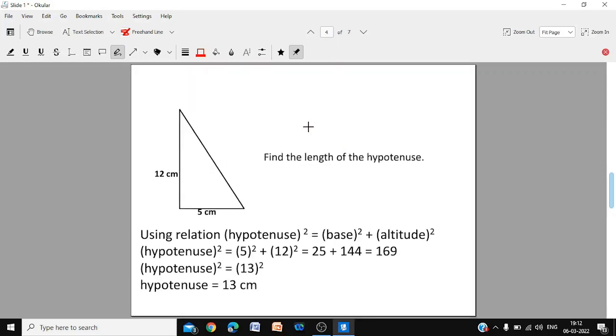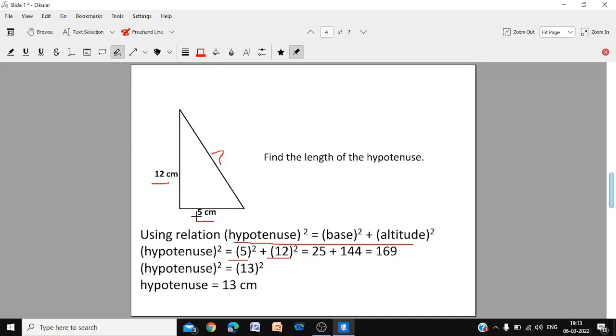The length of the hypotenuse. We use the theorem of Pythagoras. Hypotenuse square is base square plus altitude square. This is the hypotenuse. So hypotenuse square will be equal to base square, which is 5 square, plus the altitude is 12, so 12 square.